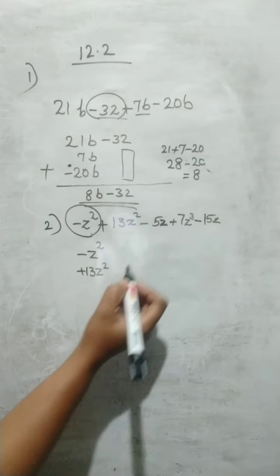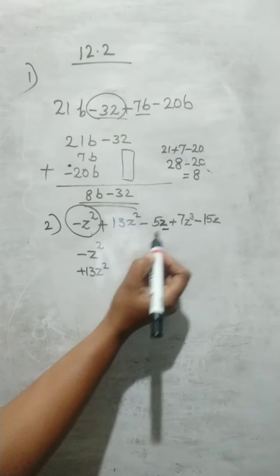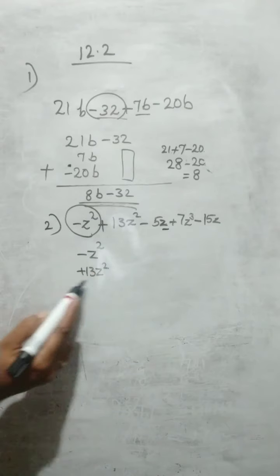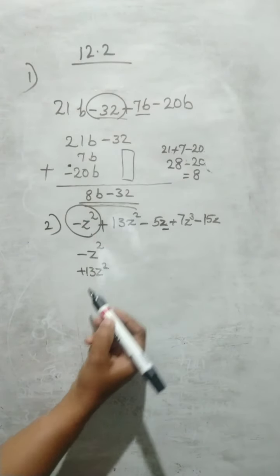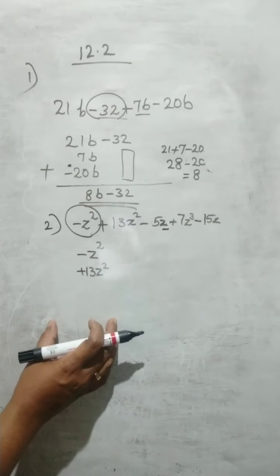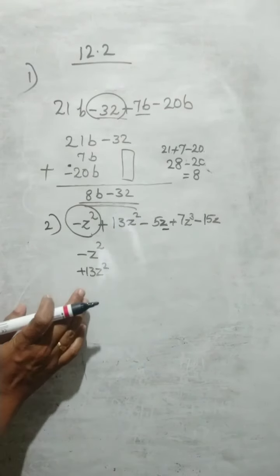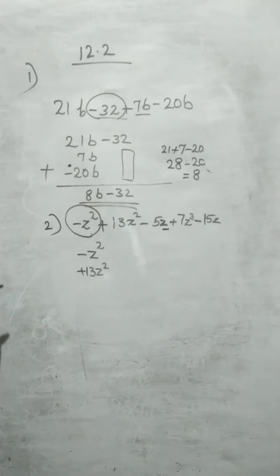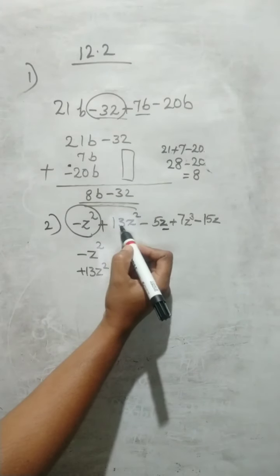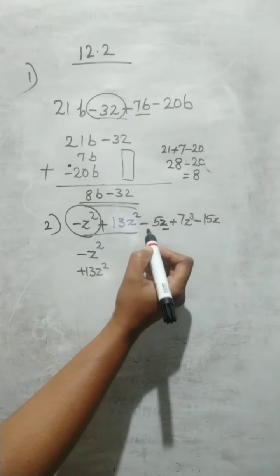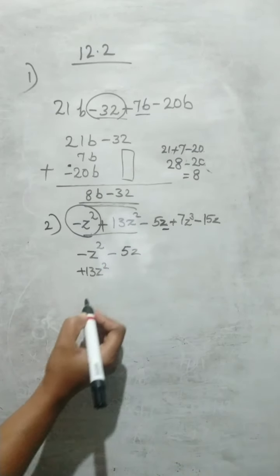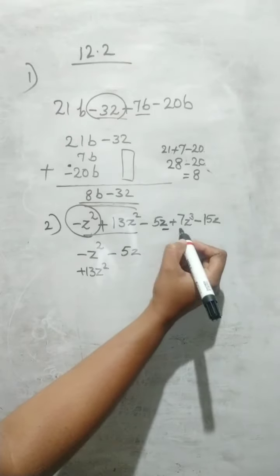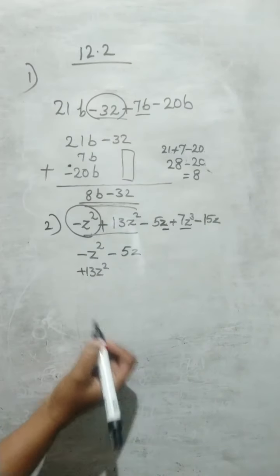Then minus 5z. This is an unlike term with this one. Here z square, here z square. So these are like terms. If there is any other z square, we have to write it along with these. Then minus 5z. Then plus 7z cube.